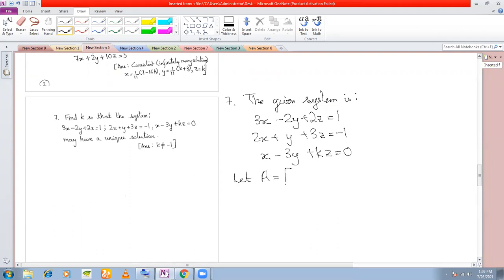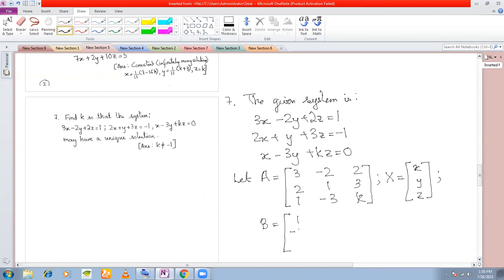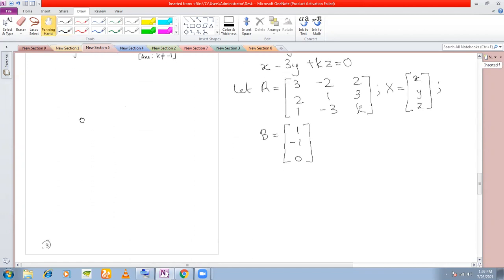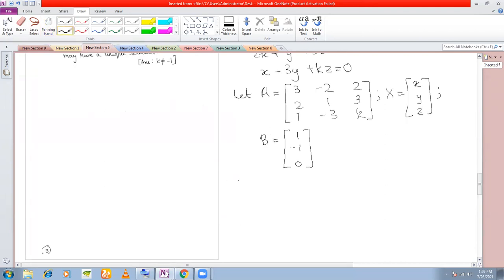A is the matrix formed by the coefficients. We form the matrix X of the variables. Form the matrix B consisting of the right hand side. Now, what is the condition for a unique solution?